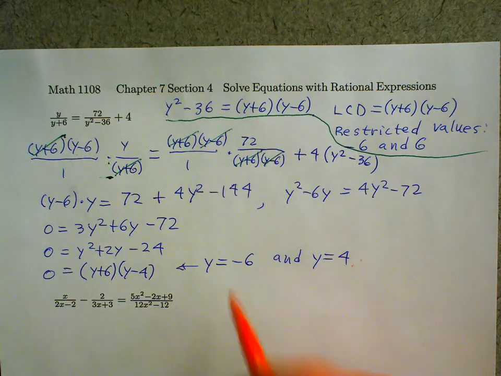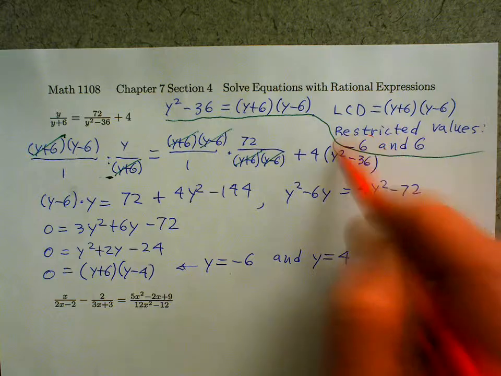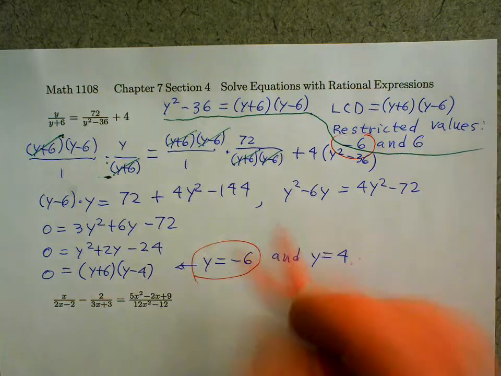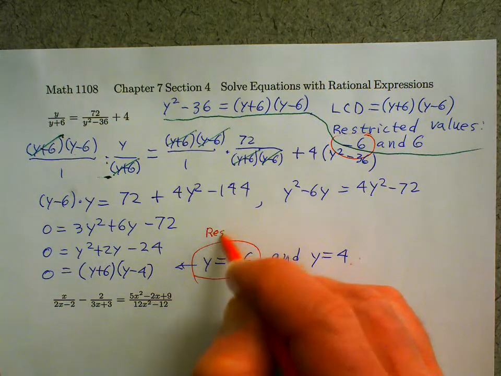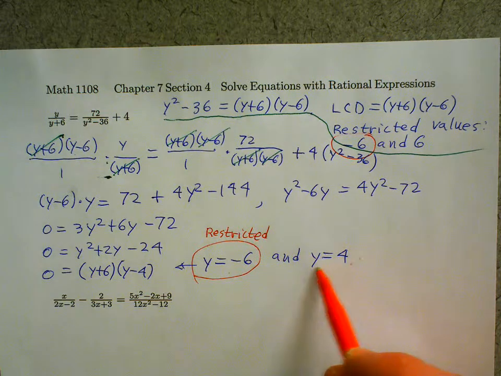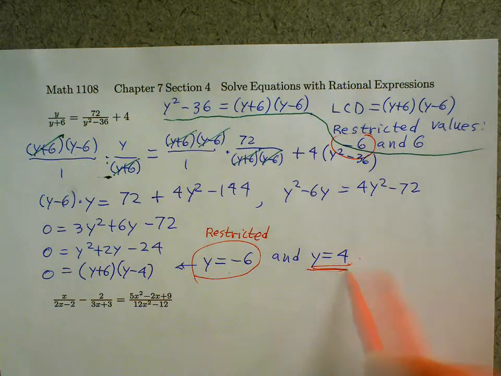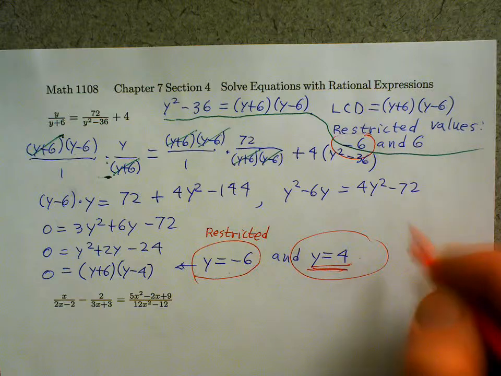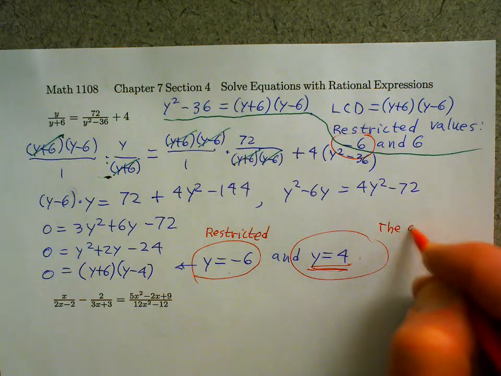But one of those is restricted. Negative 6 is restricted. y equals 4 is not restricted, so y equals 4 is the only solution to this equation.